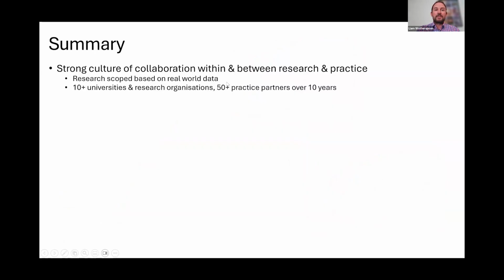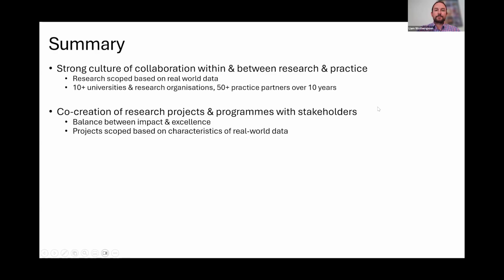So that means that we really scope most of our projects and research based on this real world data. And we have over 10 universities and research organizations, easily over 50 different practice partners. And over those 10 years, we've had tens and hundreds of researchers and practice partners working together in this space.